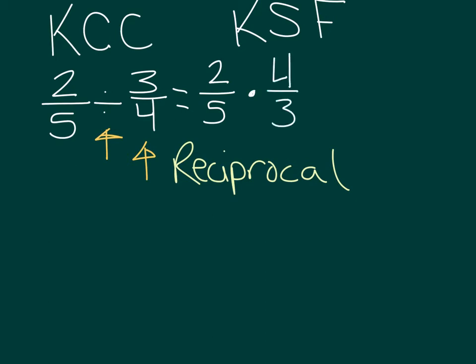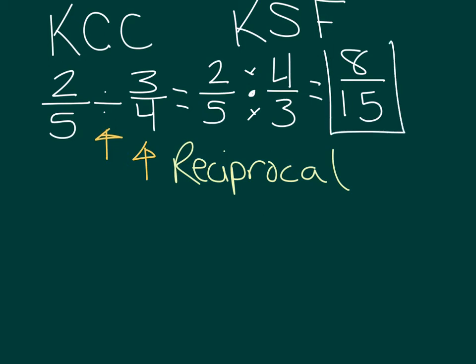From here, we can see we have nothing to simplify, so we go ahead and multiply across. 2 times 4 will give us a numerator of 8, and 5 times 3 will give us a denominator of 15. There's nothing to simplify, so this is our final answer, 8/15.